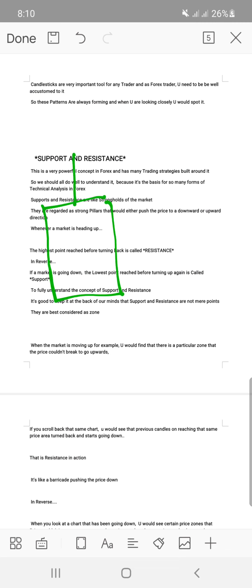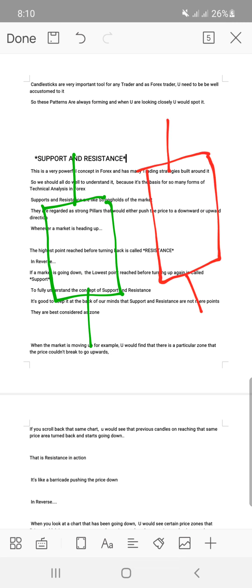When I said that there is the low, in the case of buying, you have the low, the high, the open, and the close, right? In the case of buying, we said here was the low, here was the high. In the case of selling, this was the low, this was the high.